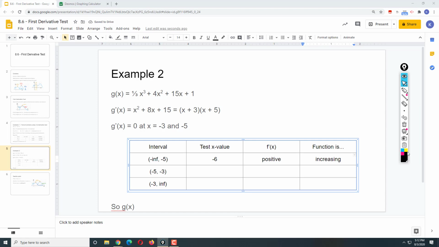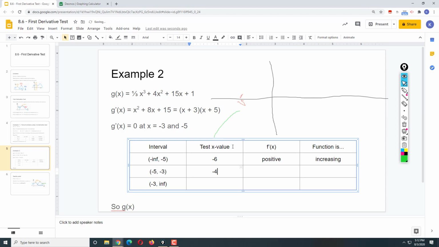Let's start sketching our graph. So here are our axes. We know that before it gets to -5, our function must be increasing, like this. And then when it gets to -5, so now we go from -5 to -3.